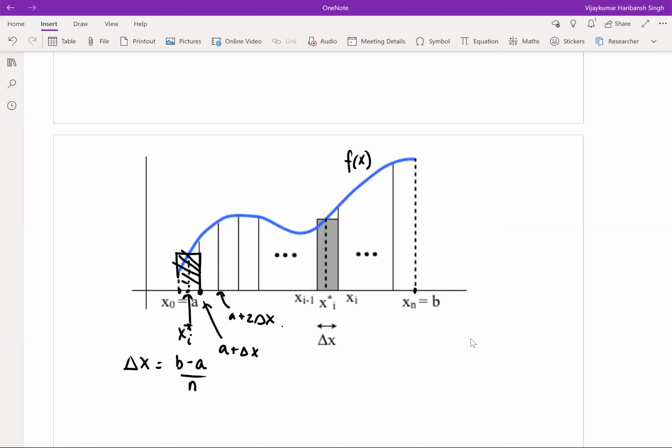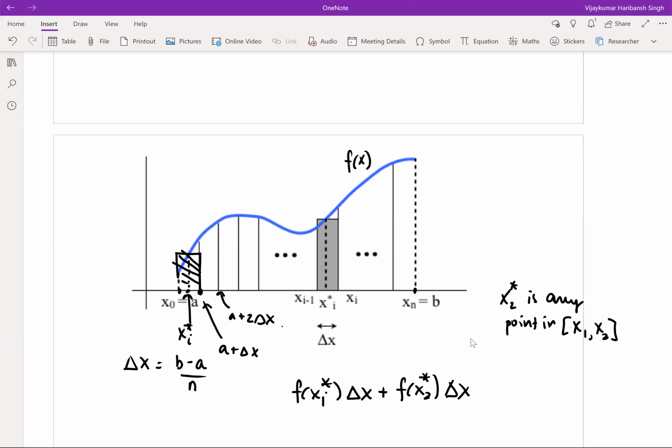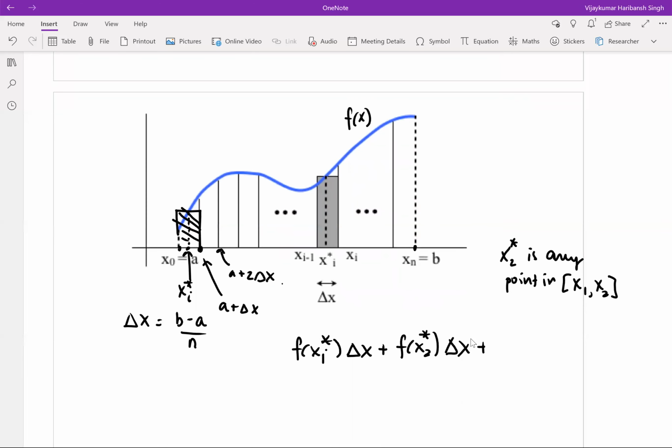So what do you get? You get f of x1 star delta x, plus f of x2 star delta x, where x2 star is any point in x1, x2. So on and so forth. You keep on doing this all the way until f of xn star delta x.